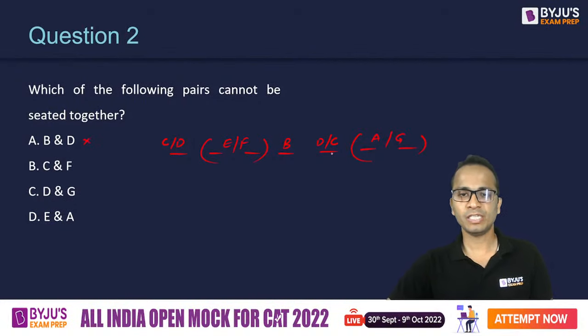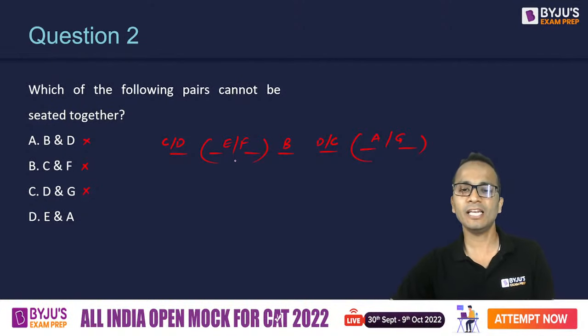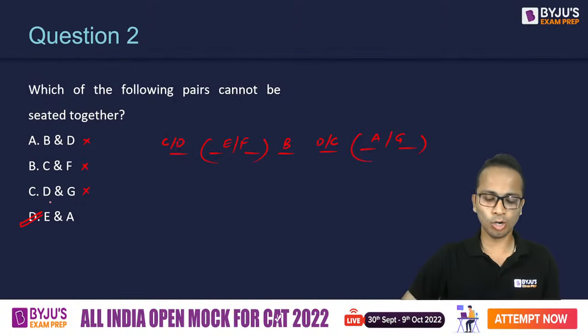C and F. So C and F, if C is at chair number 1 and F at chair number 2, then they will be adjacent. Not an answer. D and G. Now D at chair number 5 and G at chair number 6 can be adjacent. Not the answer. So has to be option D, E and A. Now A can be at chair number 6 or 7 and E can be at chair number 2 or 3. So this is the correct one. So option D, as given by all of you, is the correct answer.